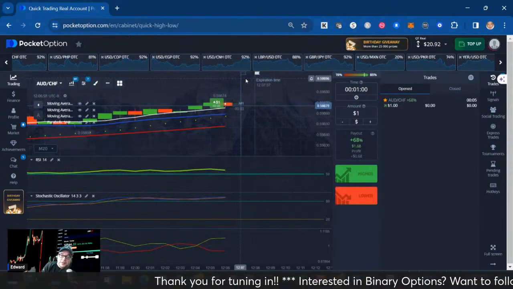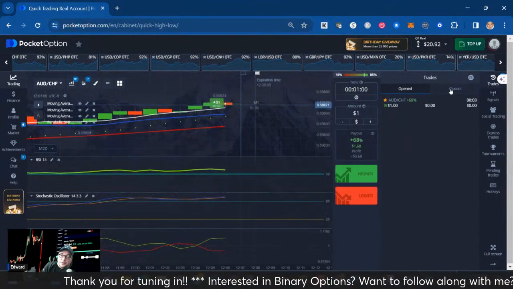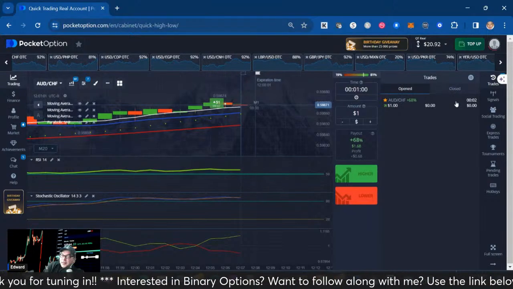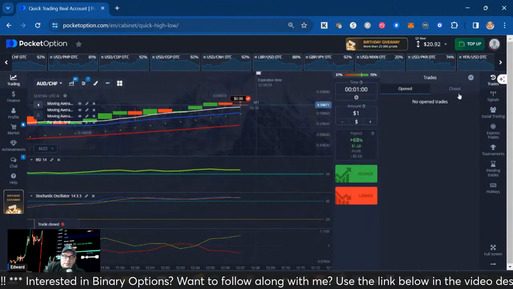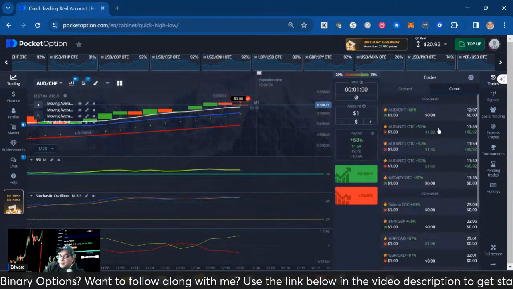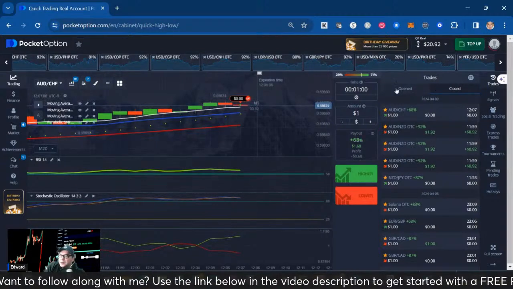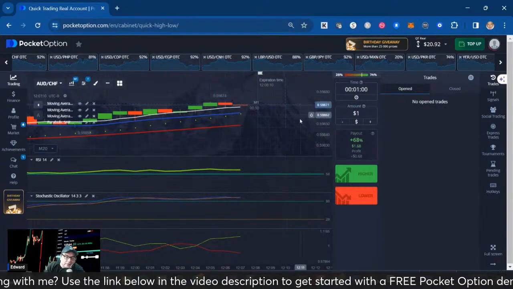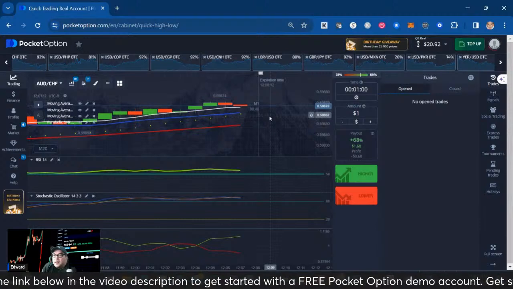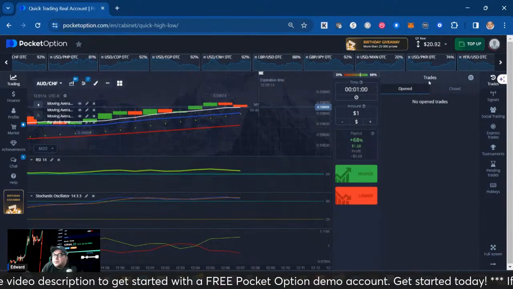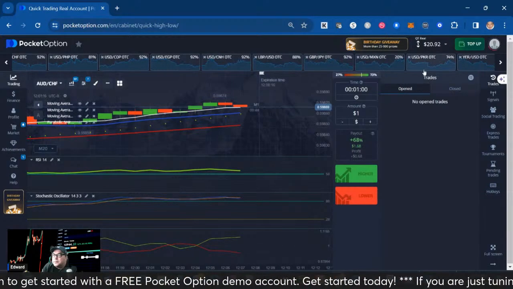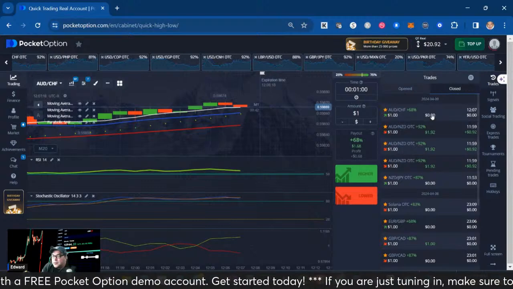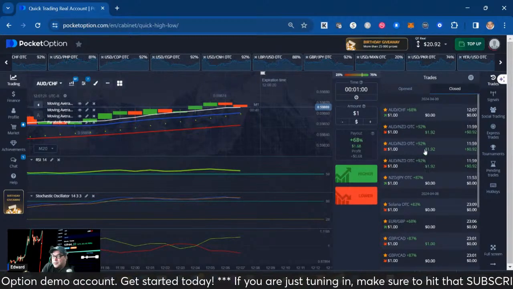For those of you just tuning in, we started with $20. We just lost this one, but we are 3 and 2. We're just above 500 if you're doing averages here. Yep, we're 3 and 2.